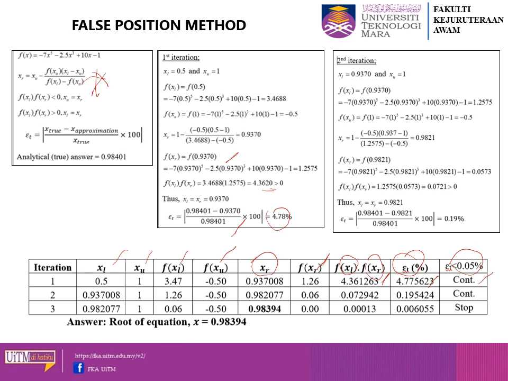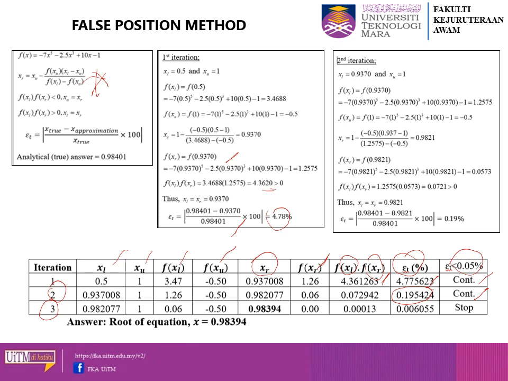On the second iteration, determining the XL and XU value is similar to before in the bisection method. Then we need to continue until the end of this column. The percentage of error is still more than 0.05%, so we need to continue on the third iteration.